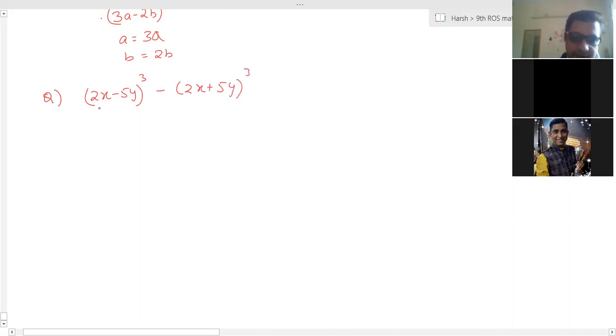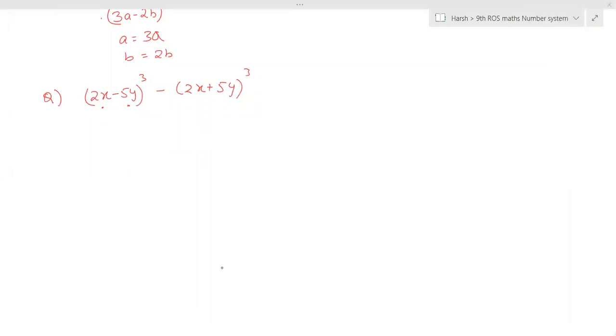So how can we write it? Same way, this will be a, this will be b, and then (a minus b) the whole cube. You have to expand it, and then this one. So we can write this.